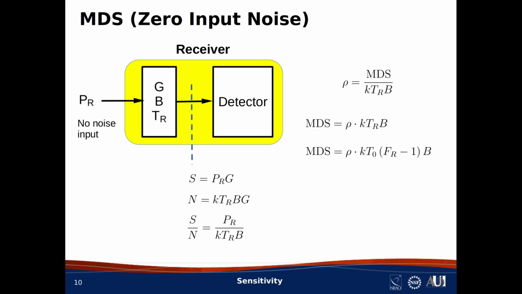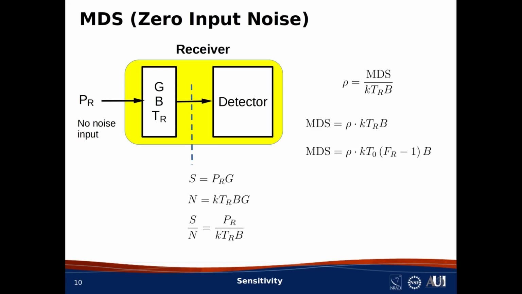And if you don't account for that, then your value of MDS will be incorrect by some amount. As we proceed in this lesson, we'll stick with the definition that T naught equals 290 K, and we'll assume F sub r has been properly determined with respect to that value of T naught. Finally, before moving on, note once again that this is the zero input noise definition of MDS.